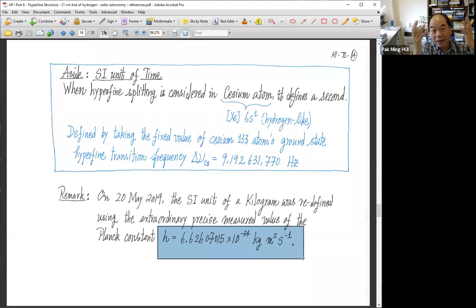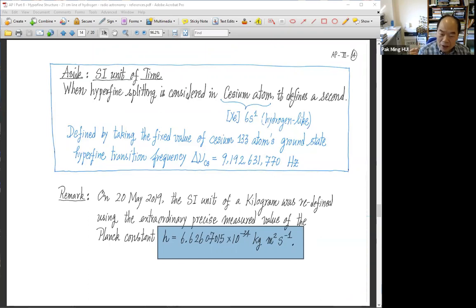There is a conference called IUPAP, International Union of Pure and Applied Physics. They usually meet every 3 years or so, and then see whether we should update the definition of SI units. And for the kilogram, actually they have been thinking about it for about 10 years.